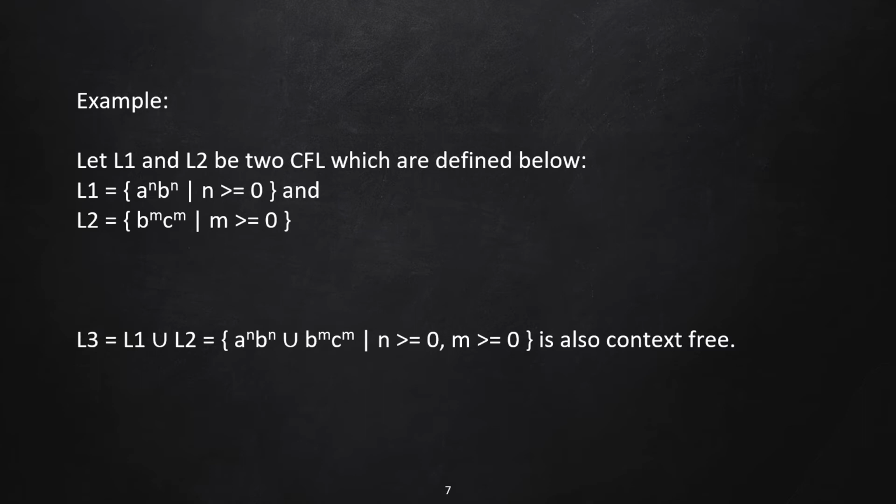Here L3 is also a context-free language because a context-free language can handle one dependency at a time. So by using union, we can have two paths. One path can handle a power n b power n, one dependency, and the other can handle b power m c power m.